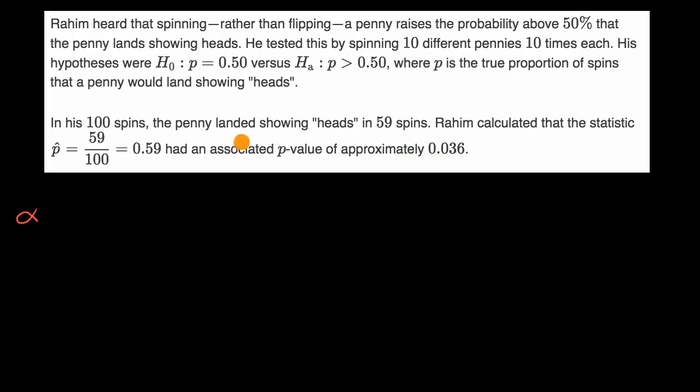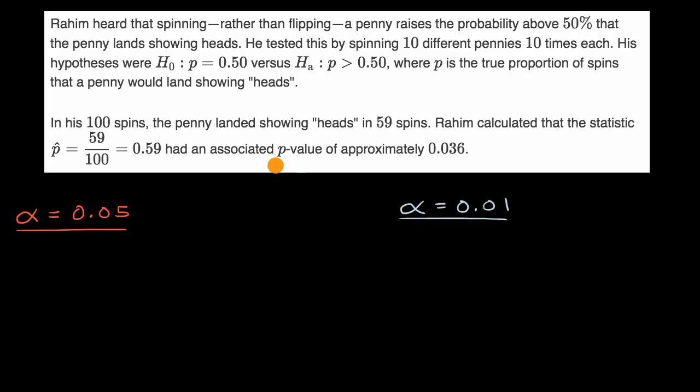So based on this scenario, if ahead of time Rahim had set his significance level at 0.05, what conclusions would he now make? And while you're pausing it, think about how that may or may not have been different if he set his significance levels ahead of time at 0.01. Pause the video and try to figure that out.